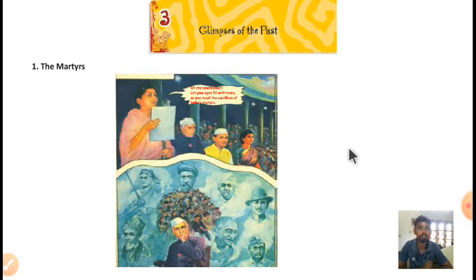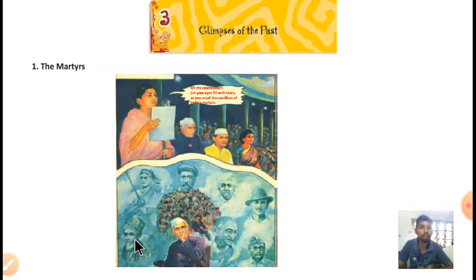The first one is the Martyrs. In the pictures you can see a few martyrs, like Mahatma Gandhi, Subhash Chandra Bose, Bhagat Singh and many more. They are the freedom fighters and they sacrificed their lives for the country.